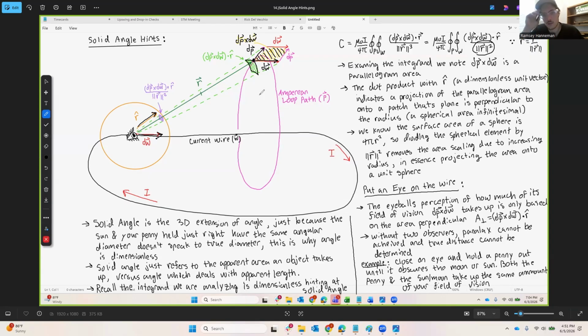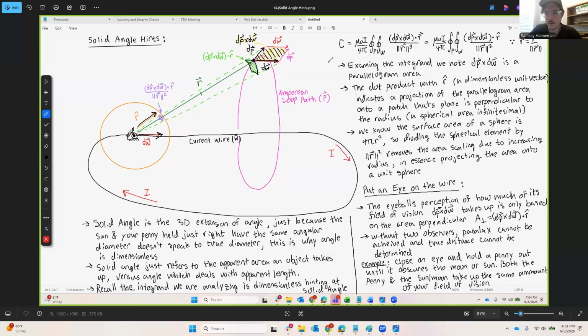For example, if I take something and I've got it 1 meter from my head and I move it 2 meters from my head, it will appear to have decreased in area by a factor of 1/4, because I doubled the radius and decreased the area by a factor of a fourth. The length scaled down by a factor of 1 over r, so the area scales down by a factor of r squared.